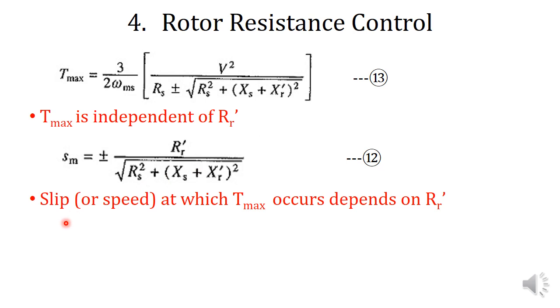Slip indicates the speed at which the rotor of the machine is rotating. So, the slip or speed at which Tmax occurs depends on RR dash. That means we can control the speed of an induction motor by varying the rotor resistance RR dash.